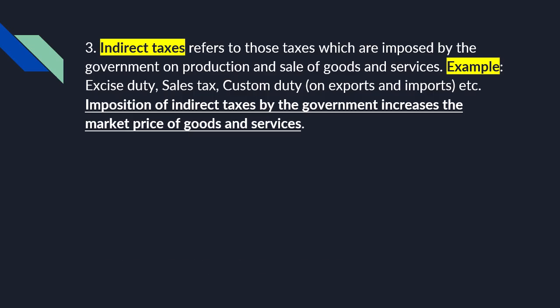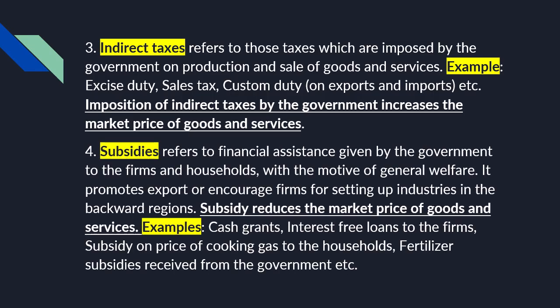Next is subsidy. Subsidy is a financial assistance provided by the government to production units and households to promote their general welfare. तो subsidy government provide करती है production units को basically to encourage them to export more goods and services, or electricity subsidy can be provided to the production units who are encouraged to establish their industries in the backward regions.